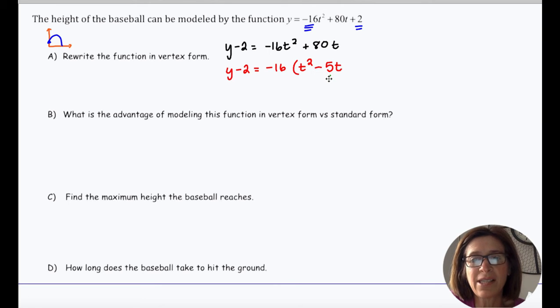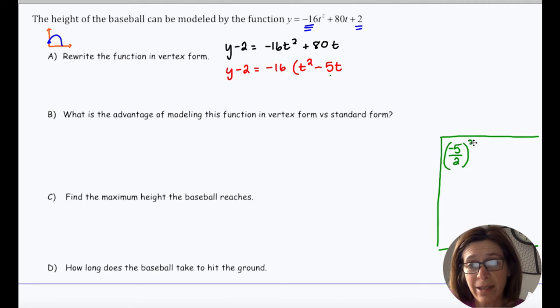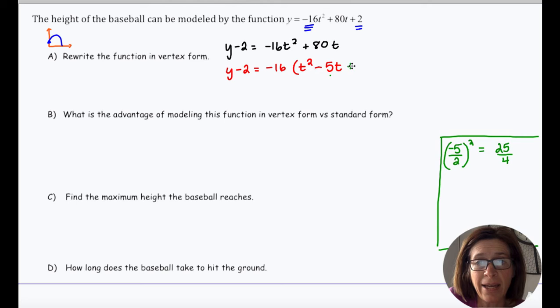Okay, so I'm going to go off to the side, and remember I suggested that you do this with fractions, not decimals. So I'm going to take half of negative 5, which is negative 5 over 2. I'm going to square that. That's going to give me 25 over 4. Okay, so I'm going to add 25 over 4.